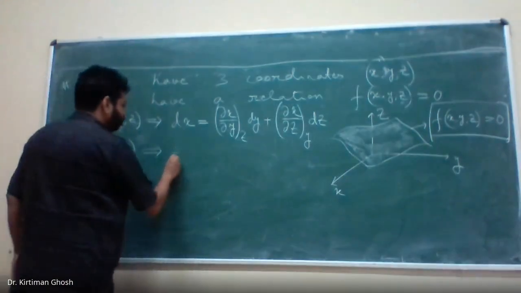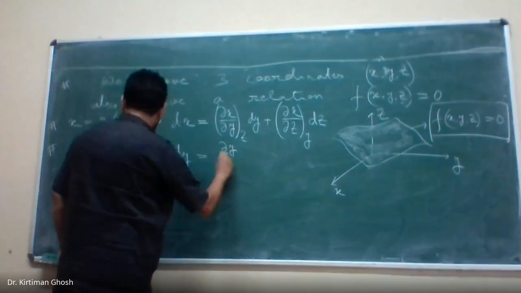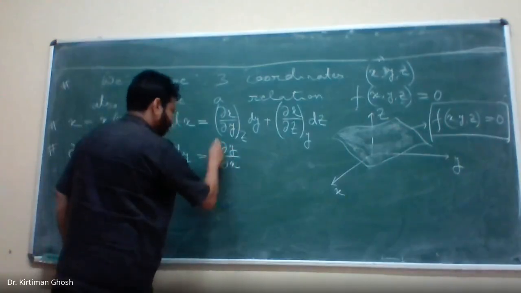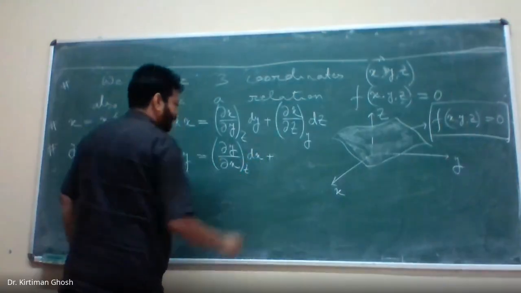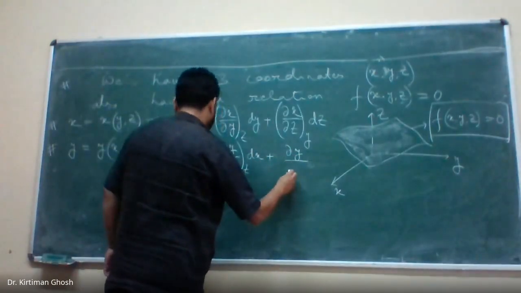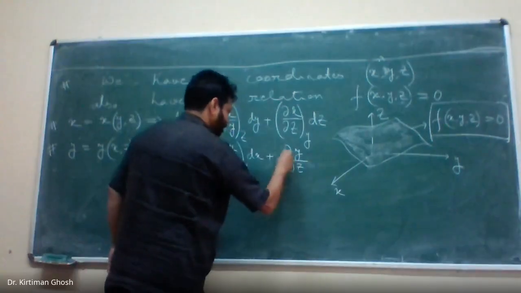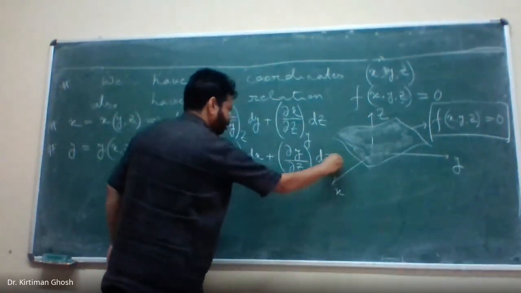So dy will simply be del y by del x at constant z dx plus del y by del z at constant x dz.